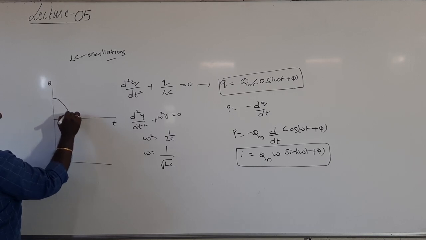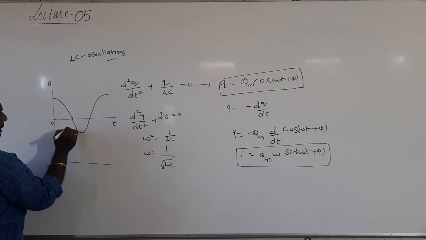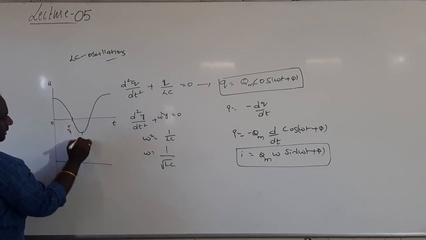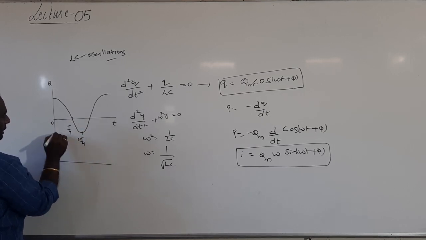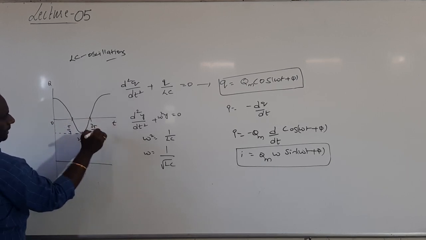At t equal to 0, charge is maximum. At t by 4, charge becomes 0. At 2t by 4, charge becomes maximum in the negative direction, and at 3t by 4 it becomes 0.